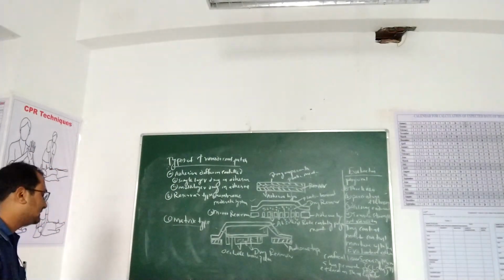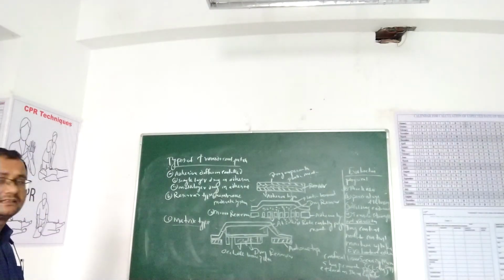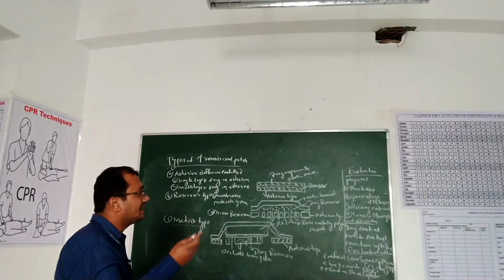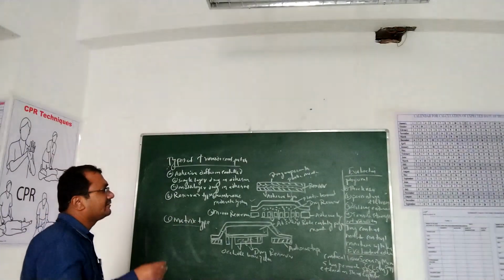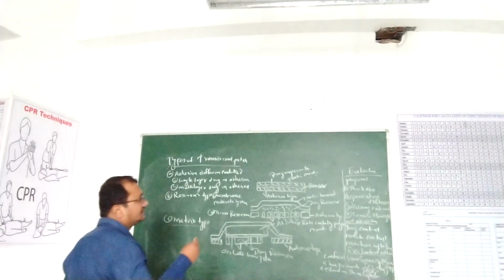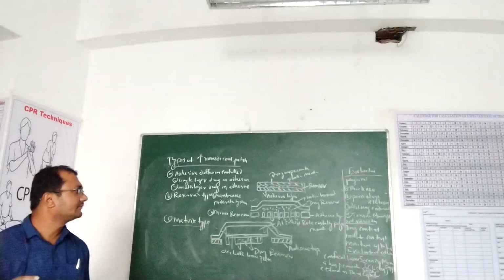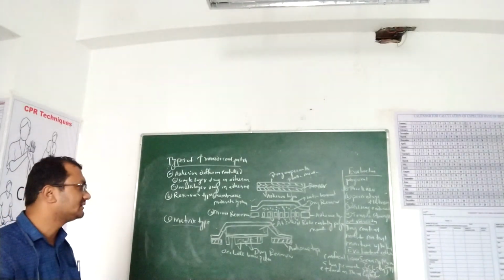Then percentage of flatness: how flat it is, and how much it can be attached to the skin. Then folding endurance, third one. Then tensile strength is the fourth one, which comes under physical evaluation.